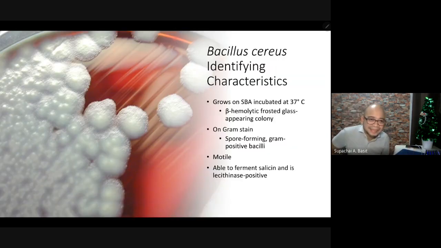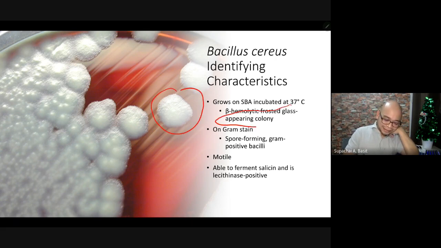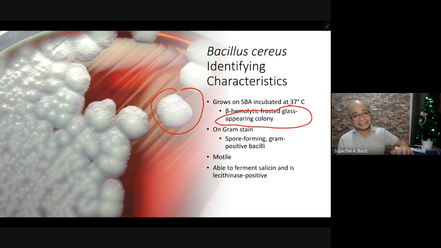So how do we identify Bacillus cereus? In blood agar plate, they are beta hemolytic and they would have the frosted glass-appearing colony, katulad nito. On gram stain, they are spore-forming gram-positive bacilli. They are motile and able to ferment salicin, and they are lecithinase positive.